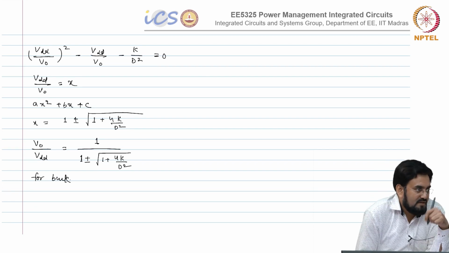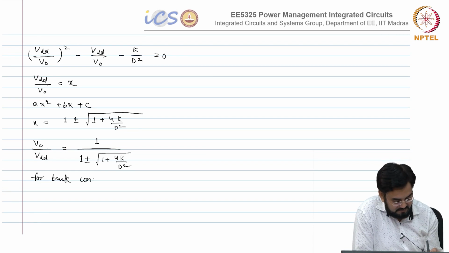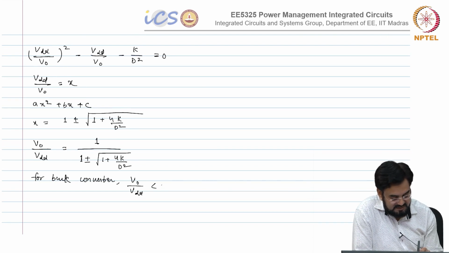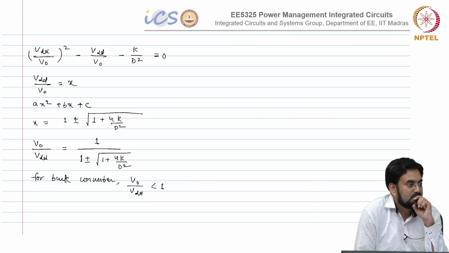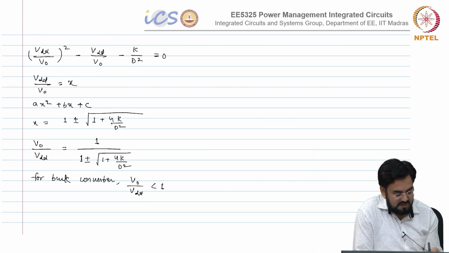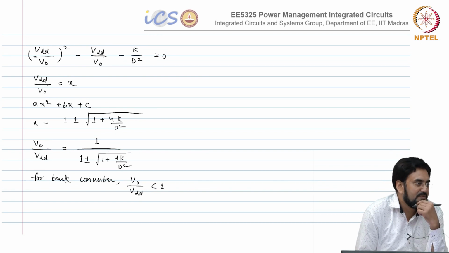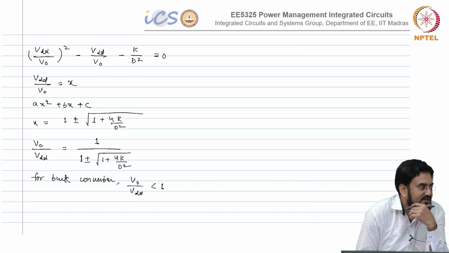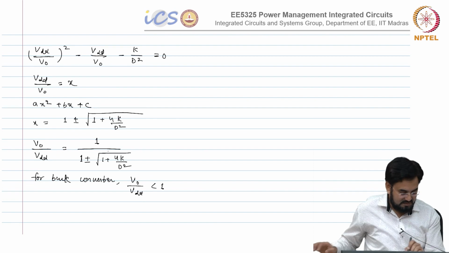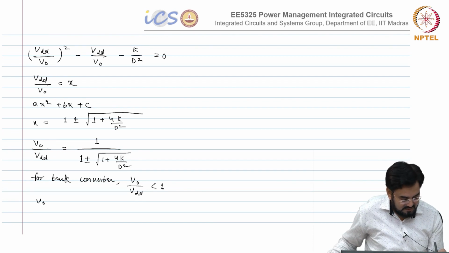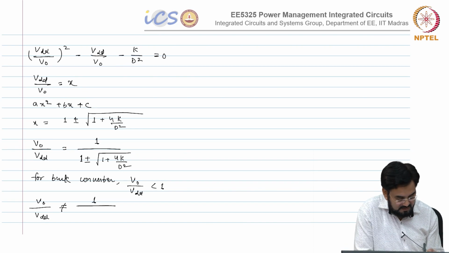So we are deriving this condition for a buck converter. For a buck converter, V out over VDD should be less than 1. So if this becomes 1 minus this term, then this will be more than 1. So the negative term is not valid, which means V out over VDD can't be 1 over 1 minus.